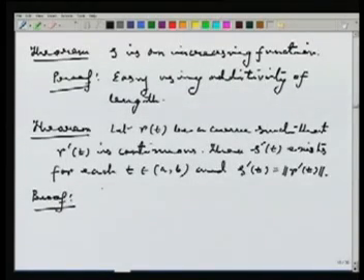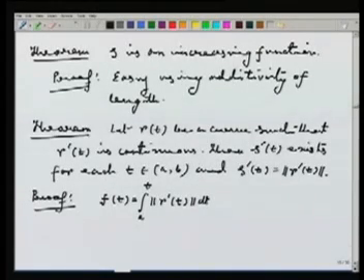What I do is, first I define f(t) equals the integral from a to t of norm r prime t dt. Notice that this function f is well defined because r prime by my assumption is a continuous function.